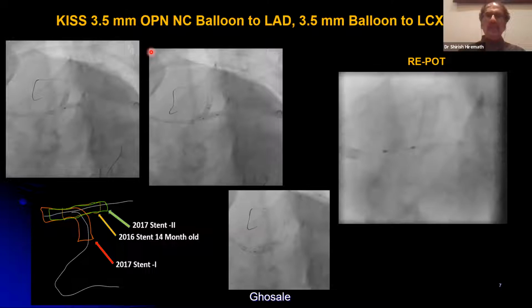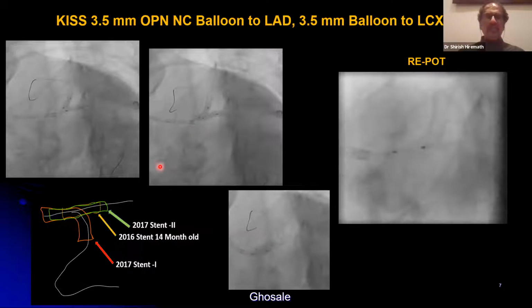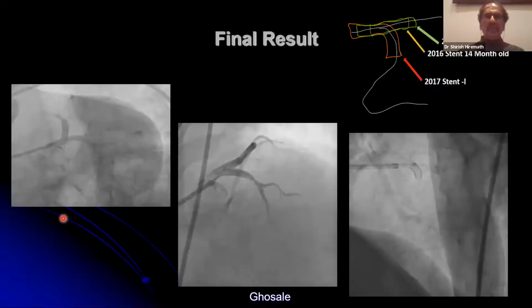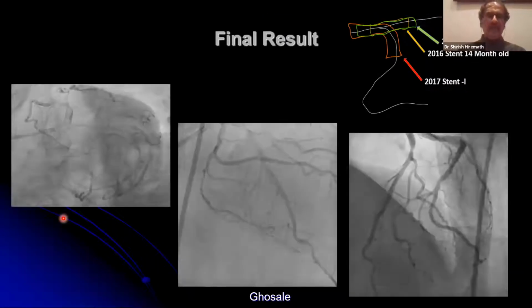So we used the OPN-NC balloon to prepare the bed here, then put the first stent from ostium of left main to the circumflex, did the first culotte, and then put another stent because the stent towards LAD was under-deployed on IVUS, as I showed you. And this is how we ended up this particular case.